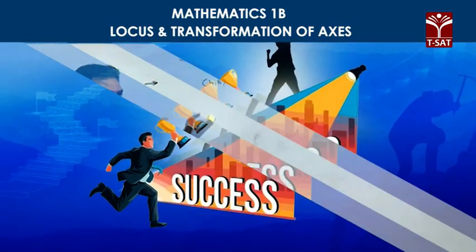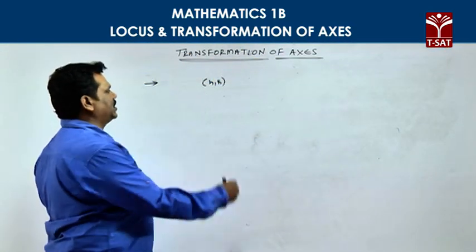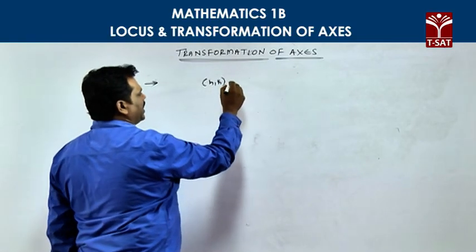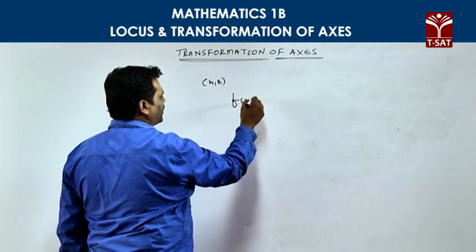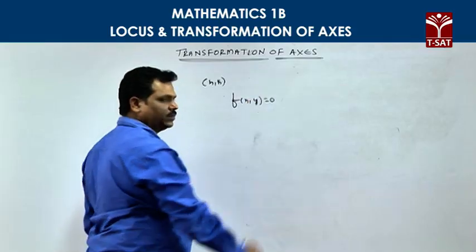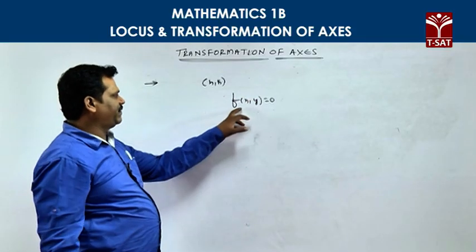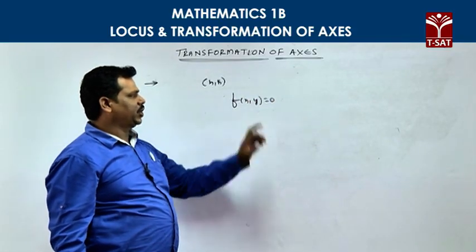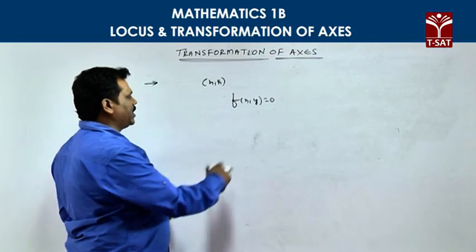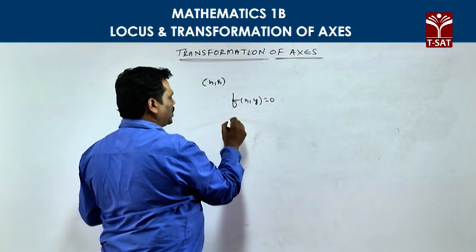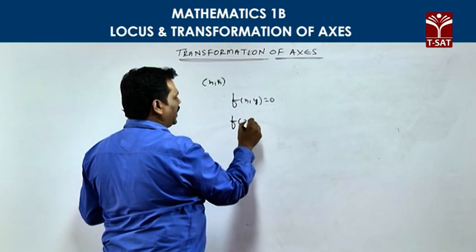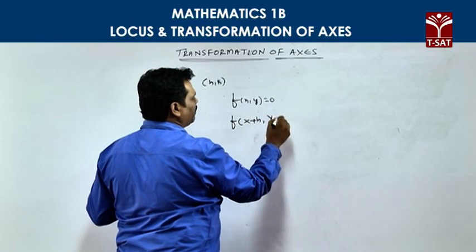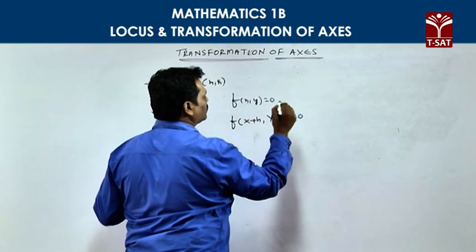If the axes are translated to the point h comma k, then the equation f of x comma y equal to 0 is transformed into f of X plus h, Y plus k equal to 0.